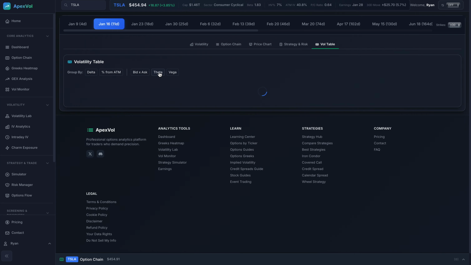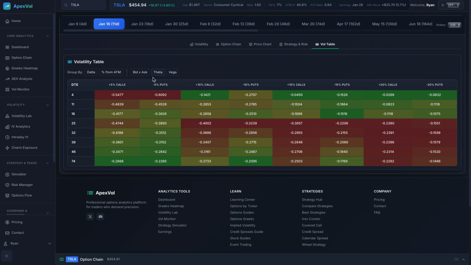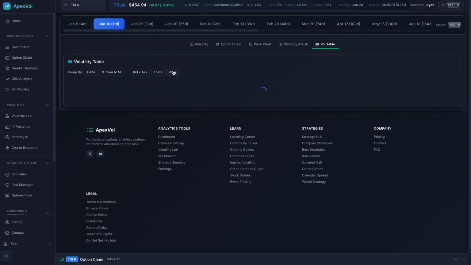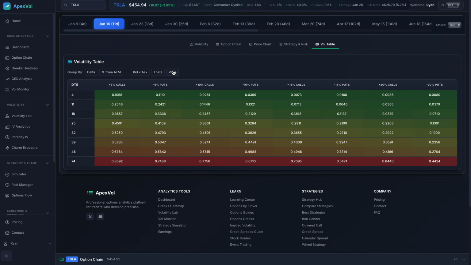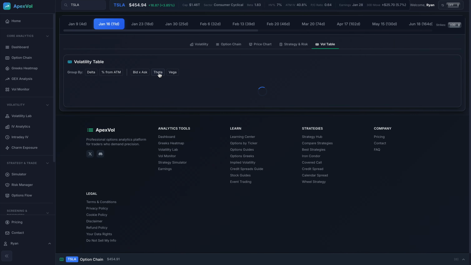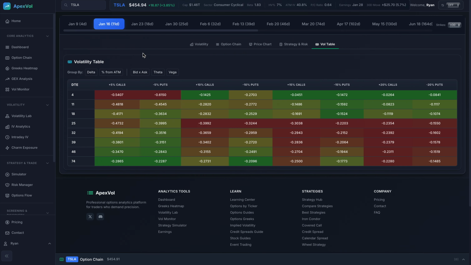We can also show where the theta is, so what the theta is across the option chain, also split by expiry, and Vega as well. So we can see the premium prices, we can see theta, and we can see Vega across this here.